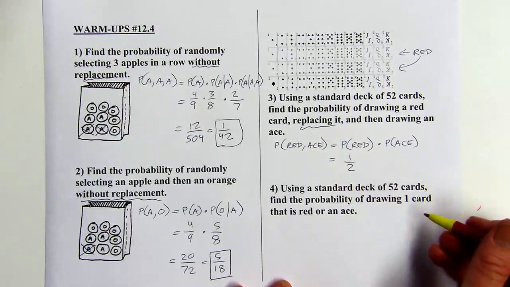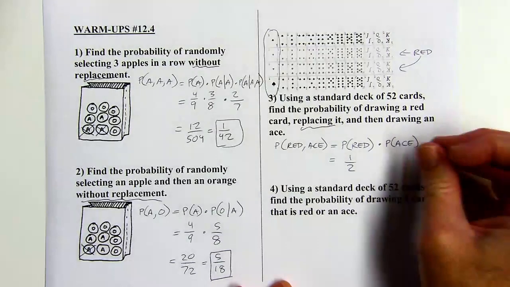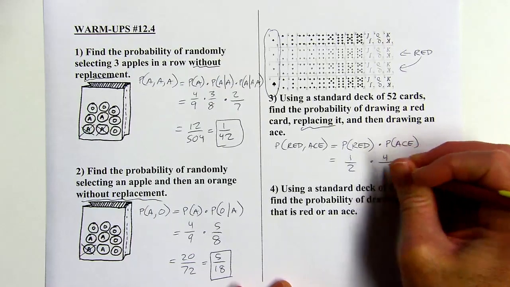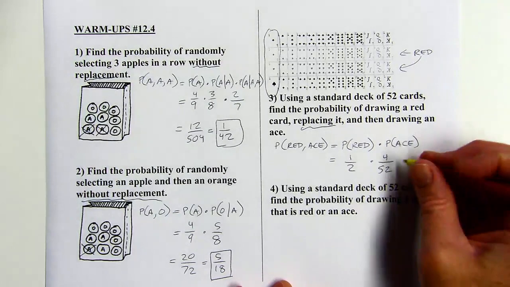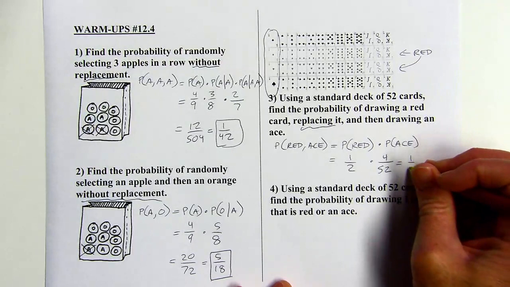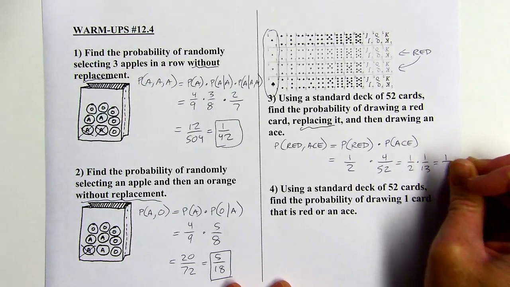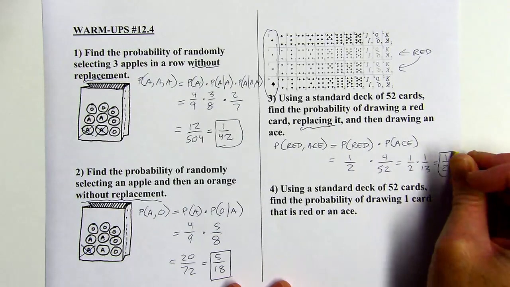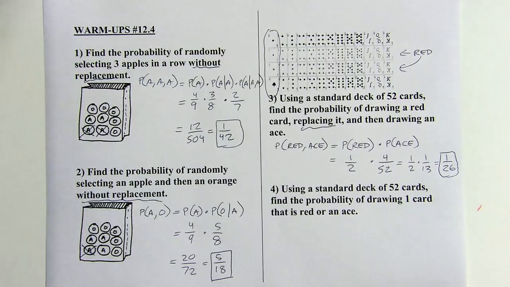So then I just got to figure out how many aces. Well, there's 4 aces in the deck out of the 52 cards. Okay, 4 over 52 is going to reduce to 1/13, so I'm just going to reduce before I multiply. And then I'll get 1/26 as my probability. Okay.